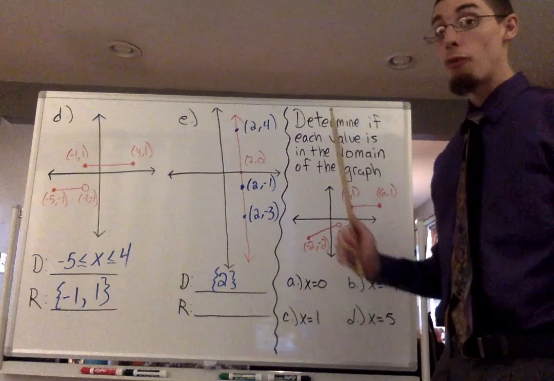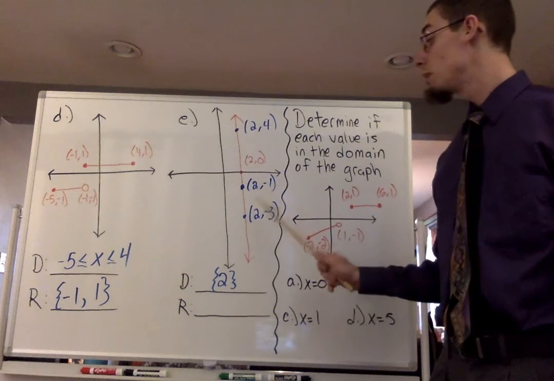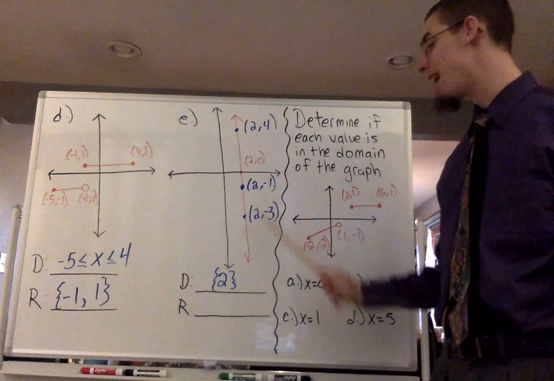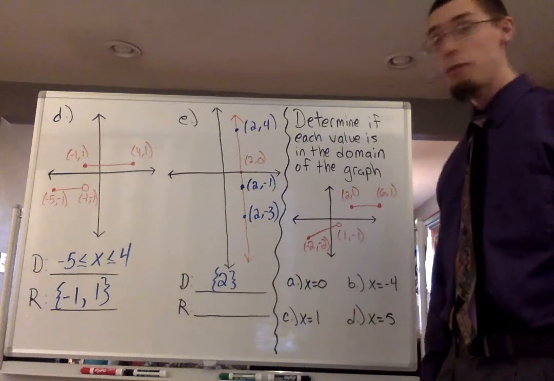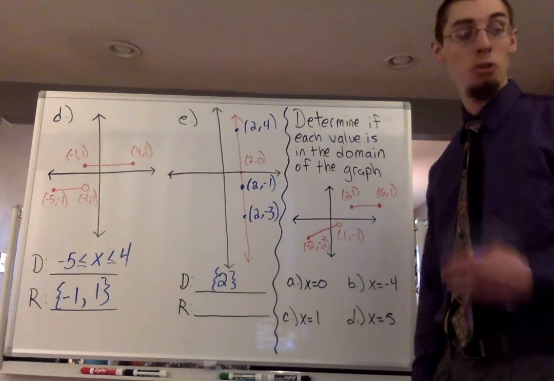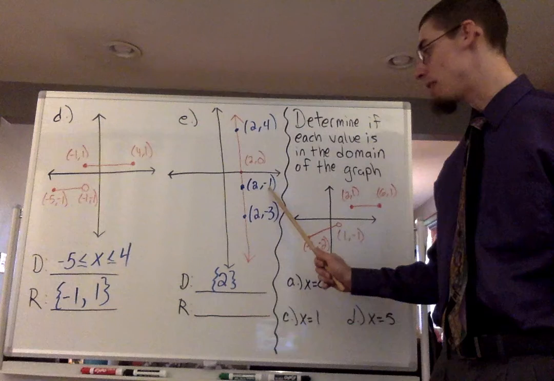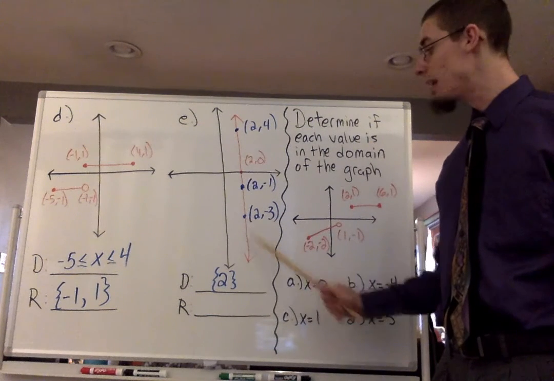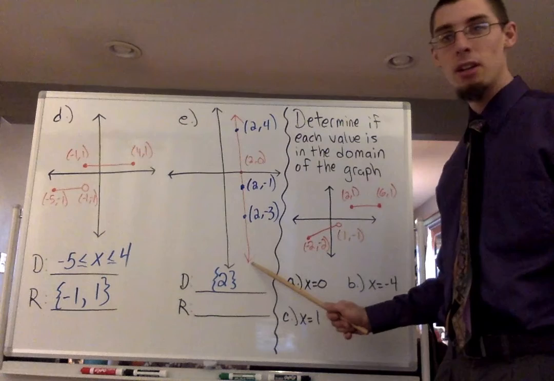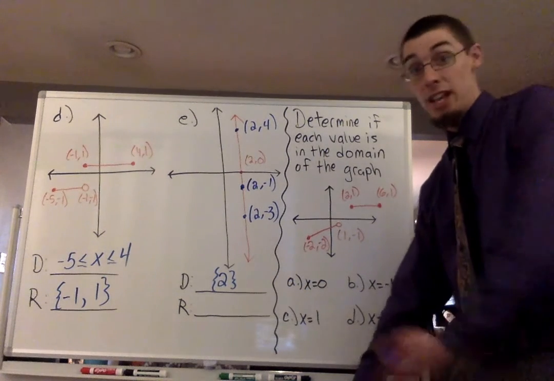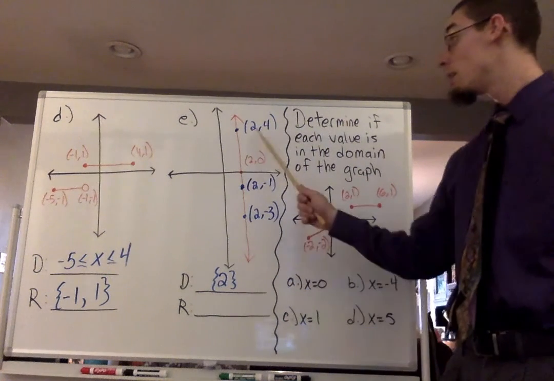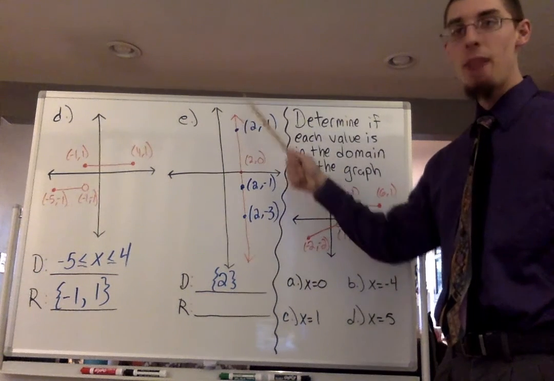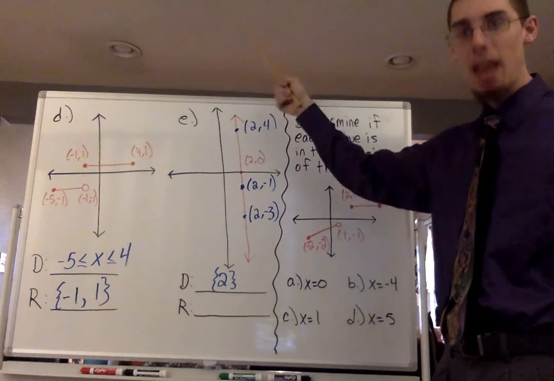Now, for the range. This graph goes up forever and down forever. So if you think about the type of y values you could get, I have -1 here, I have -3 down here. Wouldn't that mean I could get like -7 down here? And go even further to get -98? What if I went up to 4 and then went up again to 5 and then up to 6 and then 7 and then 8 and then 9?